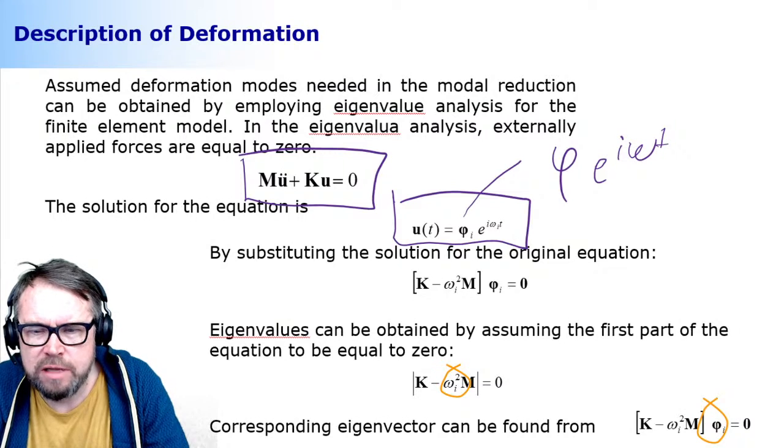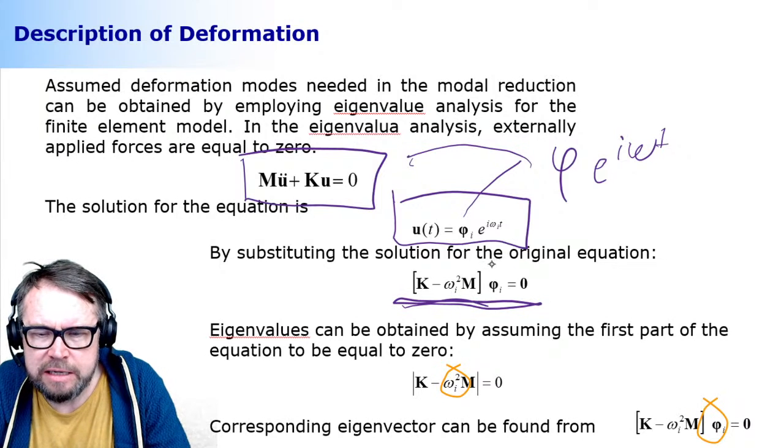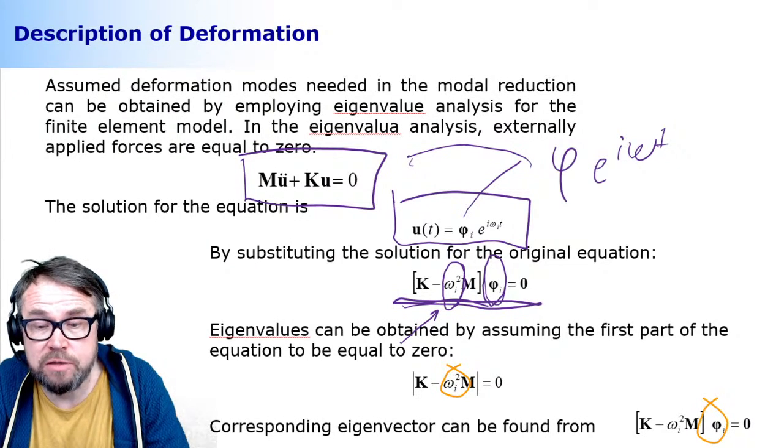Once I substitute that information into this equation, I can read it like this. What I have here is one way that the structure can deform, and then I have here something that is called eigenvalues. Eigenvalues will tell me the natural frequencies of the structure.